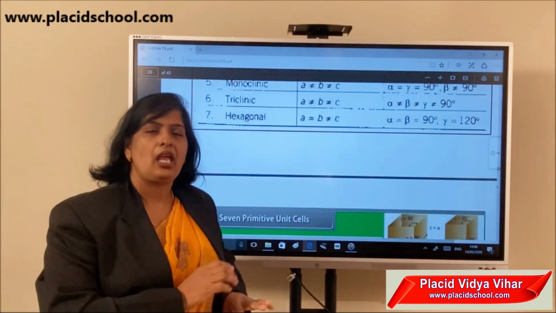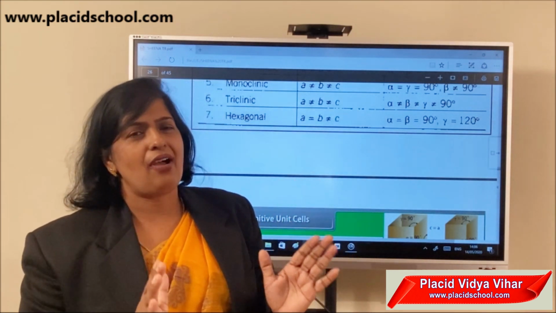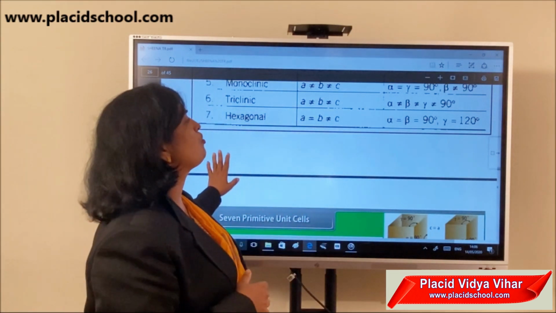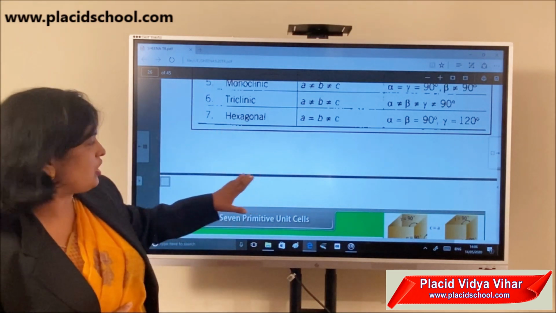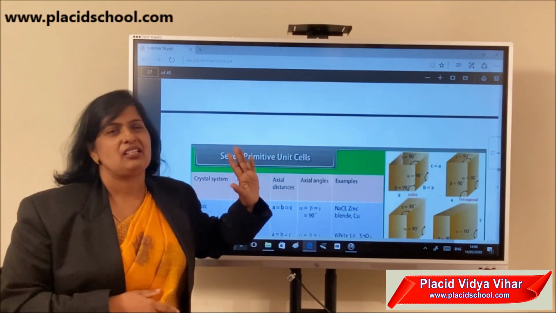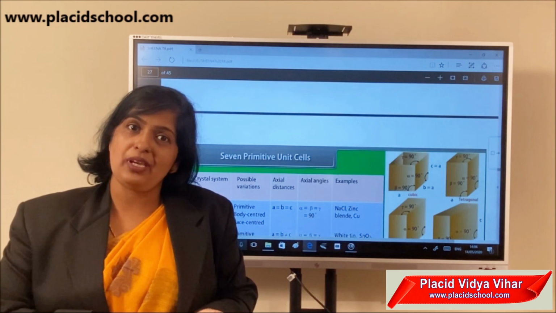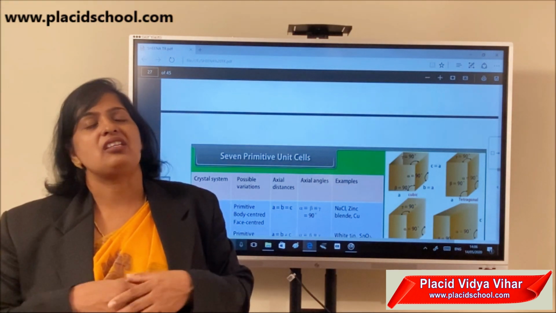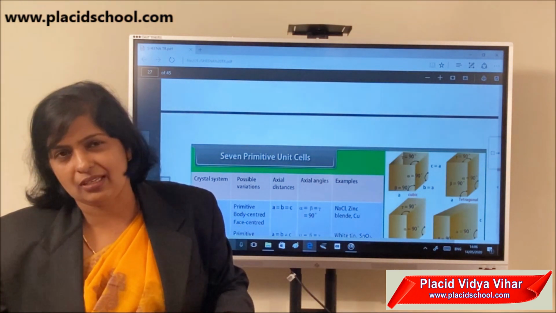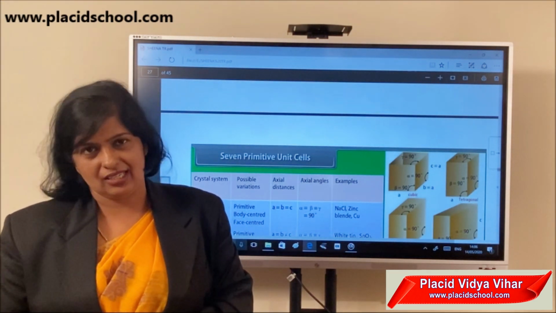In monoclinic, A not equal to B not equal to C, but the angles alpha equal to gamma equal to 90 degrees, but beta is not equal to 90 degrees. And triclinic: A not equal to B not equal to C, and alpha not equal to beta not equal to gamma, and none is equal to 90 degrees.